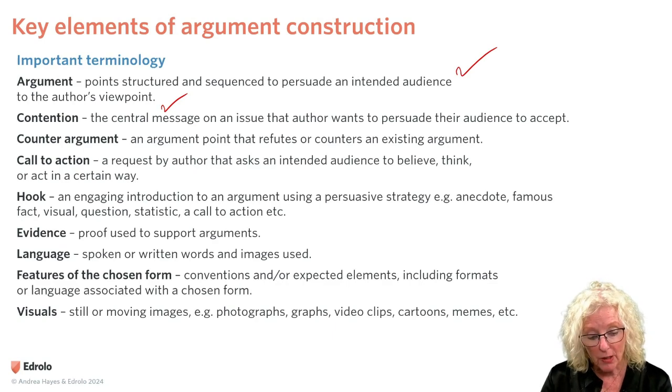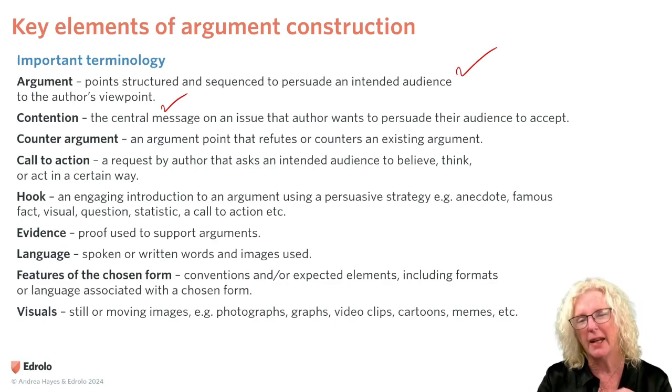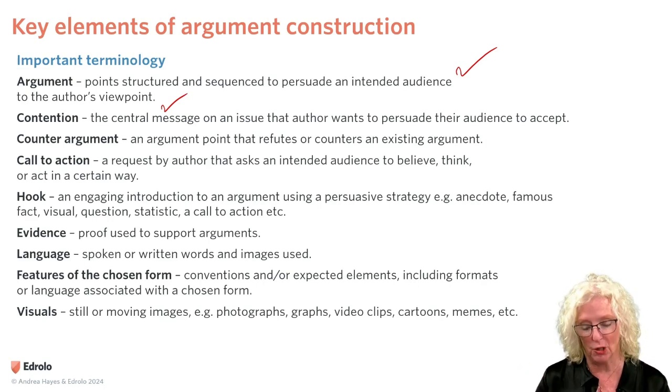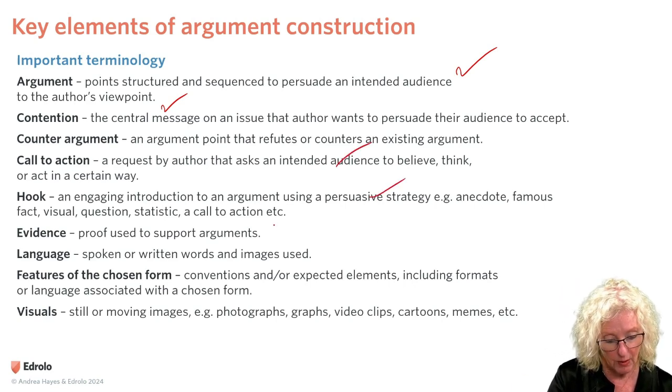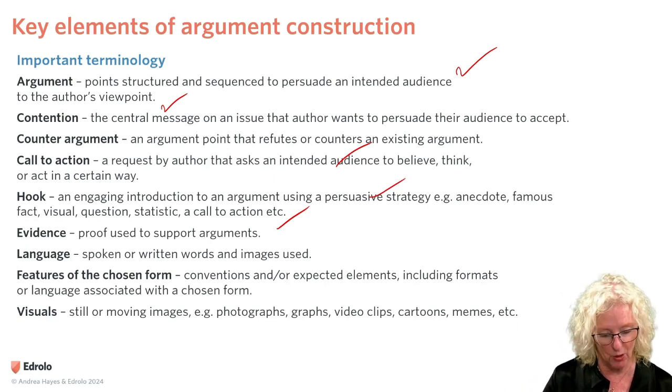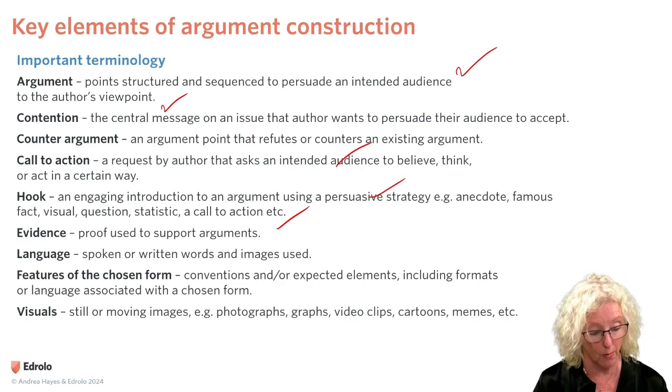Call to action is a request by an author, and it asks the intended audience to act, think, or believe in something. The hook is an engaging introduction to an argument. Evidence, proof used to support your arguments. Language, of course, the written and spoken words and the images used, so put visuals in there as well.